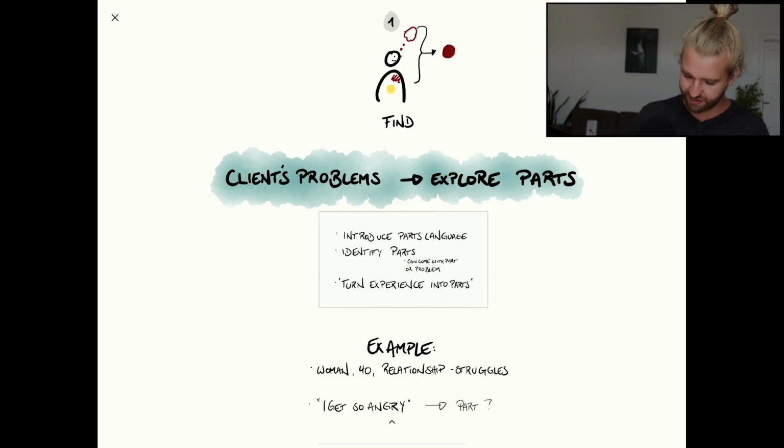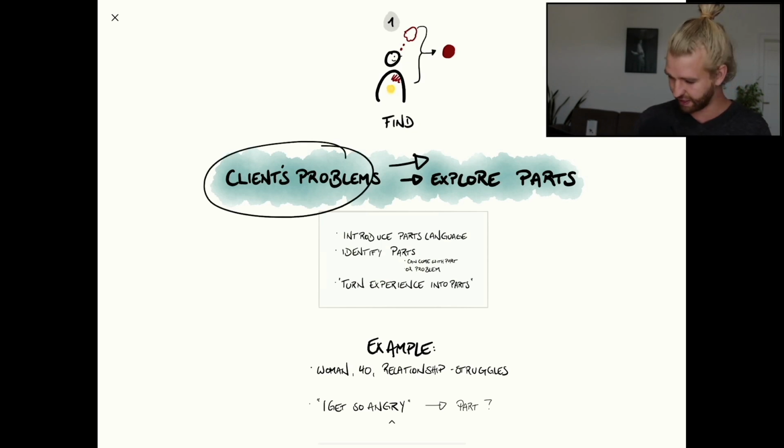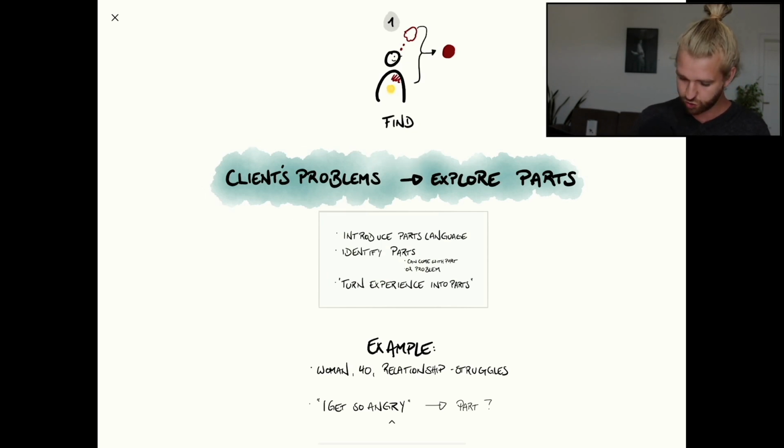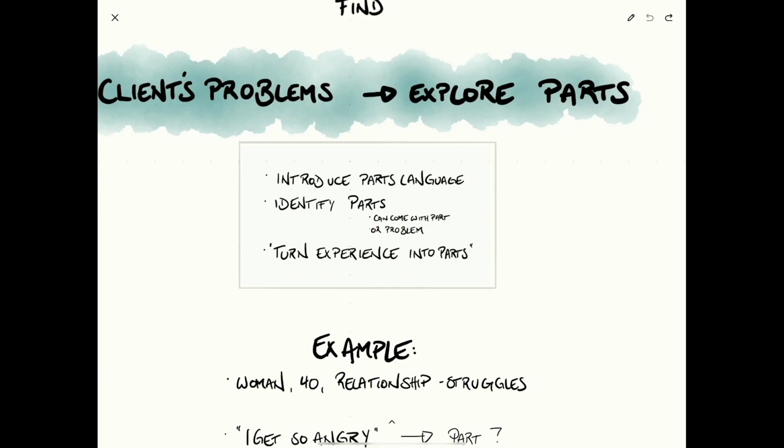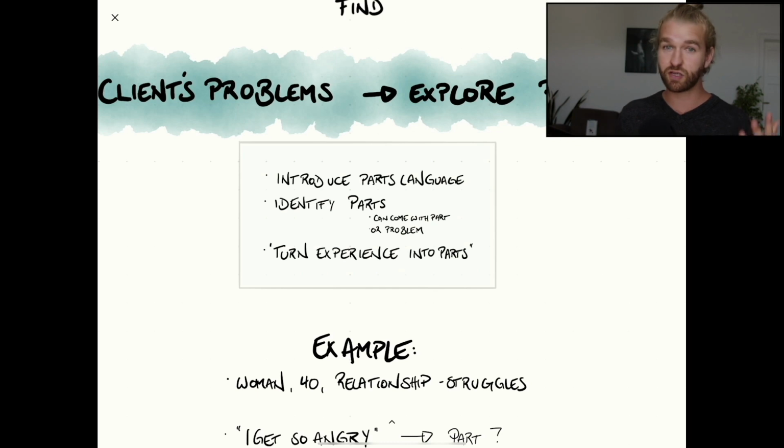Basically, what this step entails is moving from somebody's problems, a client's or a patient's problems, towards exploring parts. A lot of times in this first step, when we're still trying to find the parts that are active with a certain problem, it often involves steps like introducing parts language.